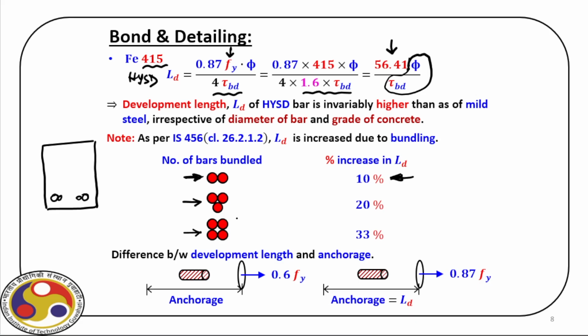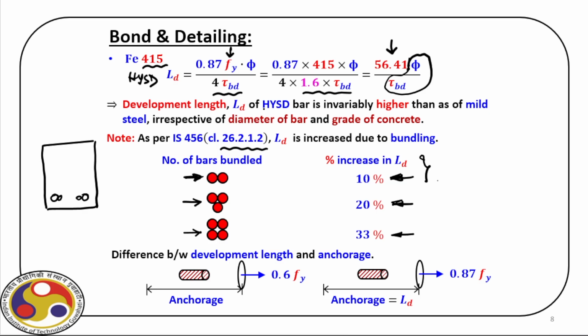Similarly, if we have 3 bars, we have to increase it by 20%, and for 4 bars, we have to increase it by 33%. And this is as per clause 26.2.1.2. And definitely, we have to calculate bundled up bars based on this increased development length, and we have to provide sufficient development length at the end so that there is no bond failure against flexion.